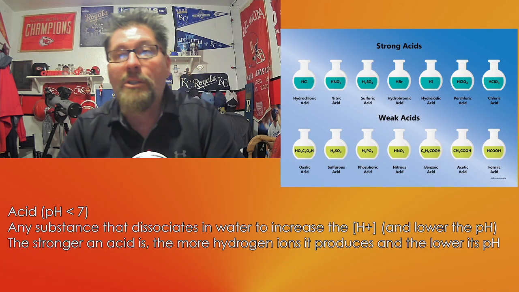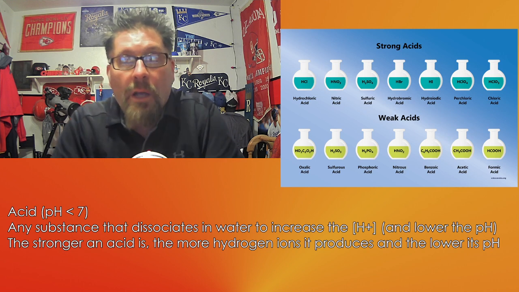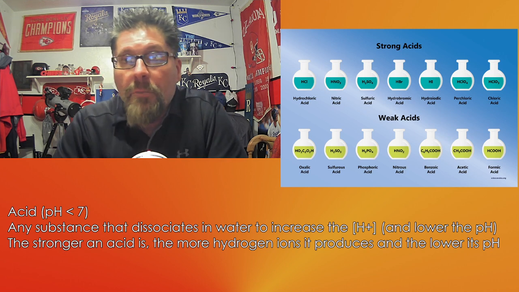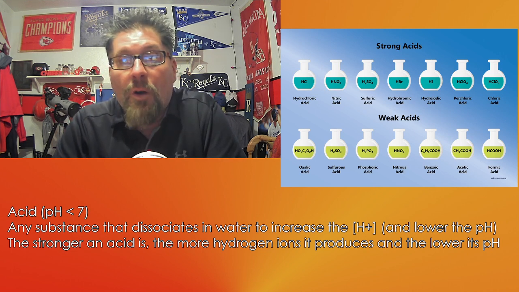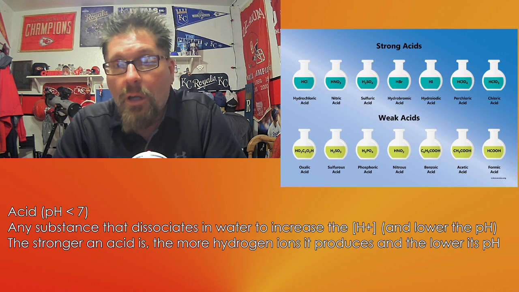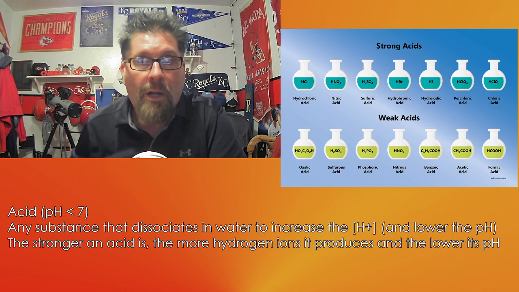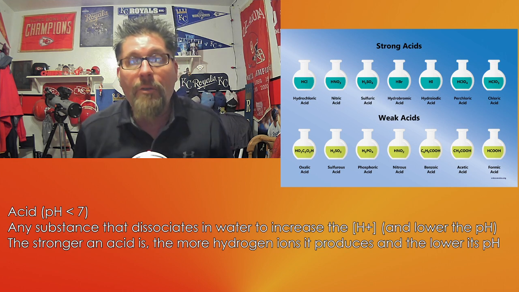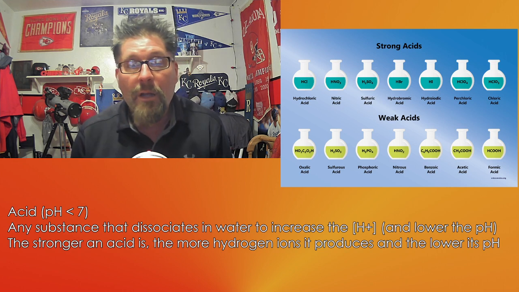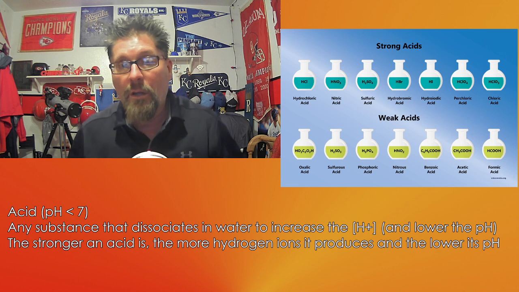Okay, a look at some acids and their strength level. If you are a low number, a 1 or a 2, you're a very strong acid. If you are a 6 or a 5, you are still an acid, but weaker than the other ones.